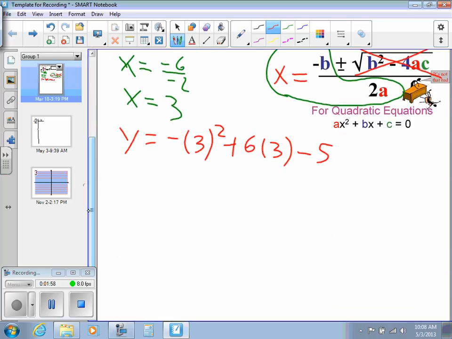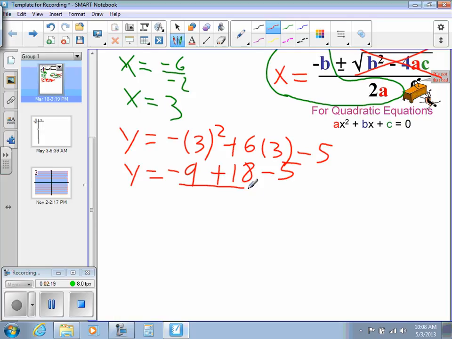Okay, let's see what we can do now. So 3 squared is 9, so I've got y equals negative 9 plus 6 times 3 gives me 18 minus 5. Now I need to combine like terms.